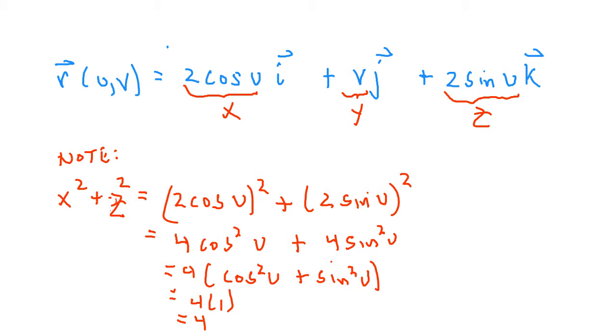I had a little error before; it's x squared plus z squared, right? So we have x squared plus z squared equals 4. What does that represent? What kind of behavior is going on here?